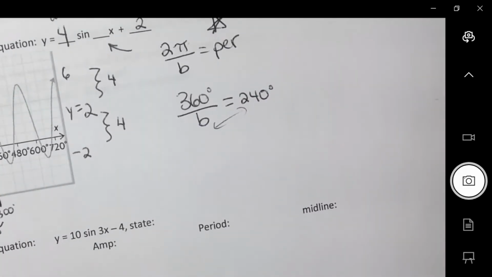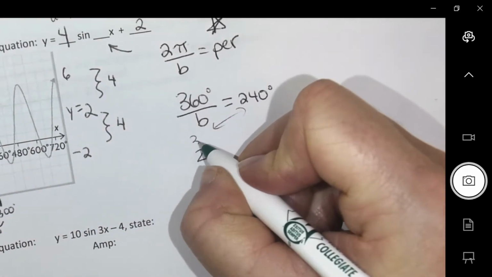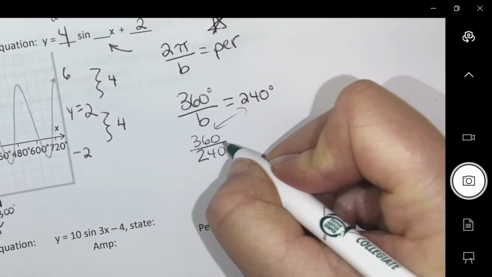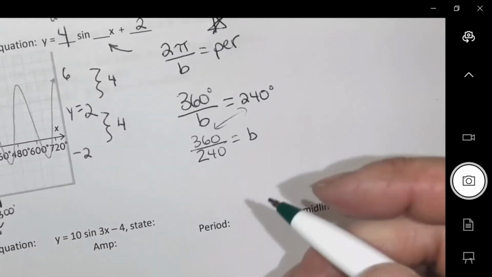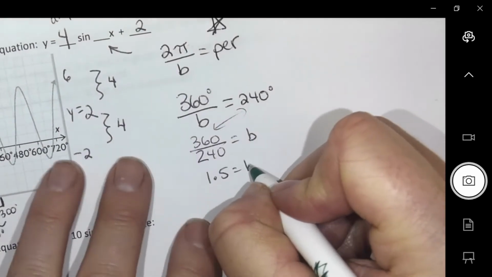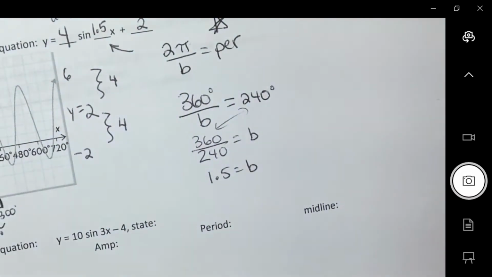And we're just going to flip-flop those around because that's what would happen if we cross-multiplied. So that's a 1.5.